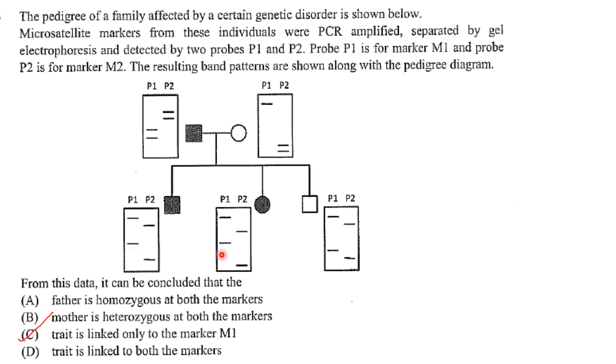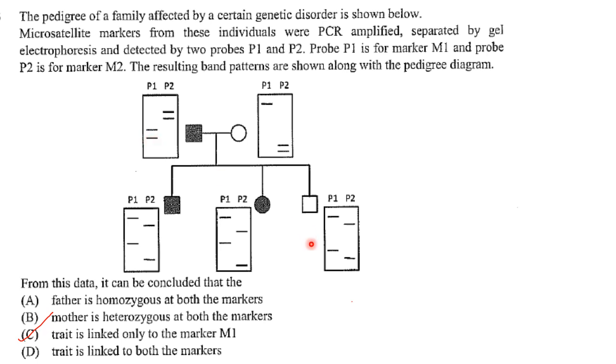But if you see the banding pattern of the diseased progeny, you will see that P1 is very much similar in both the diseased progeny bands in P1. This band, this band, this band and this band. Whereas in P2 the bands are entirely different. The normal progeny's P1 is obtained from the mother, but the band obtained from the father is entirely different.